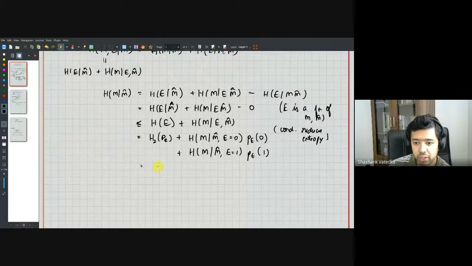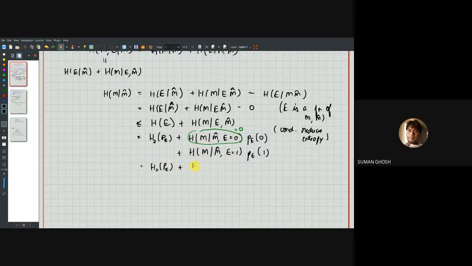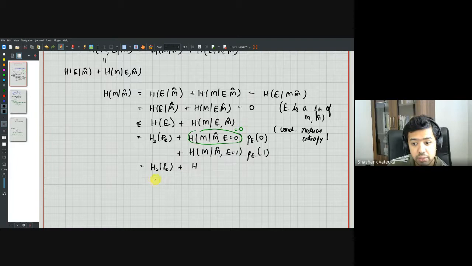It's m equal to m hat with probability 1. So this quantity is equal to 0. Right? So we are left with just one term. The second term is not 0, right? h of m given m hat and E equal to 1 times PE, where PE is just the probability of error.